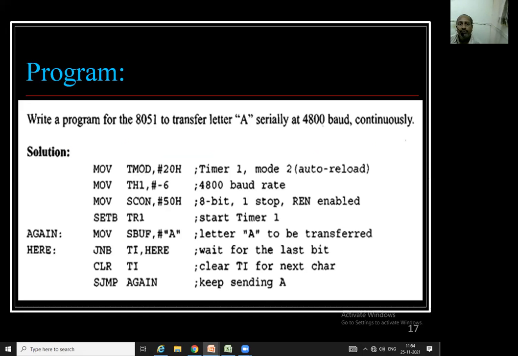Write a program for 8051 to transfer the letter A serially at 4800 baud rate continuously. This is also very important. You have to transmit A continuously. This program is written for transmission, and the speed is 4800.